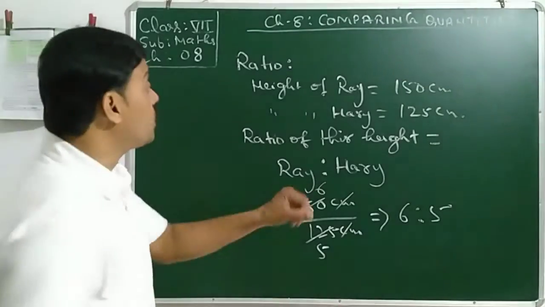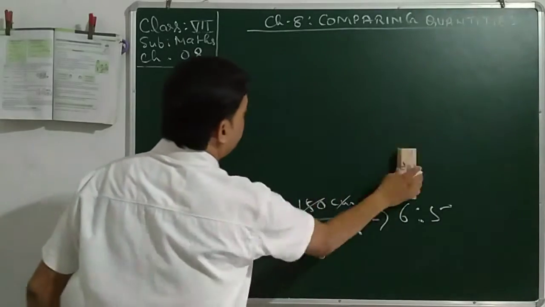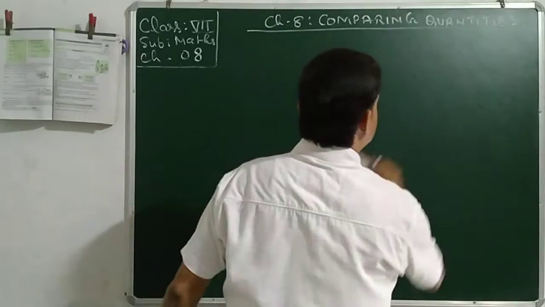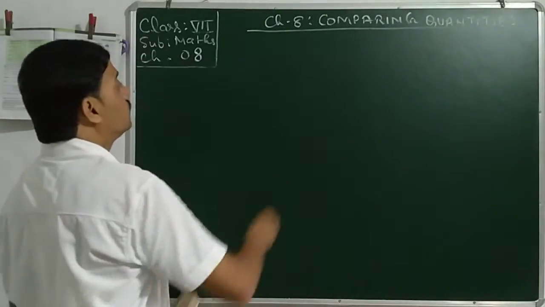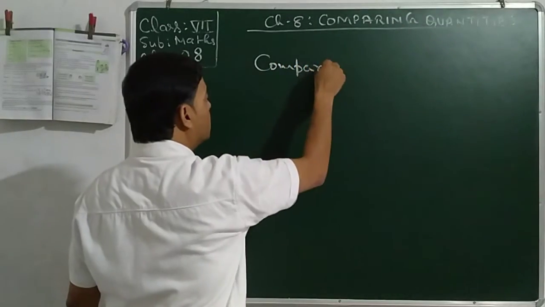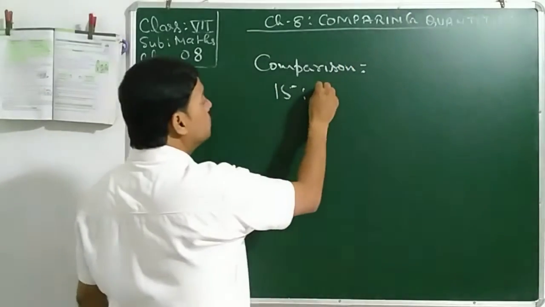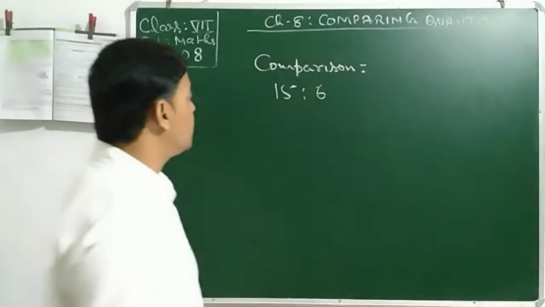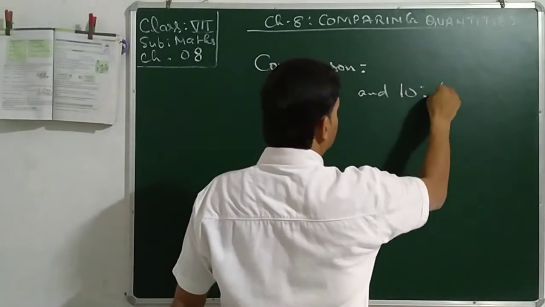Now if two ratios are given, then to compare these ratios, for example, say one ratio is given as 15 is to 6, and another one is 10 is to 4.